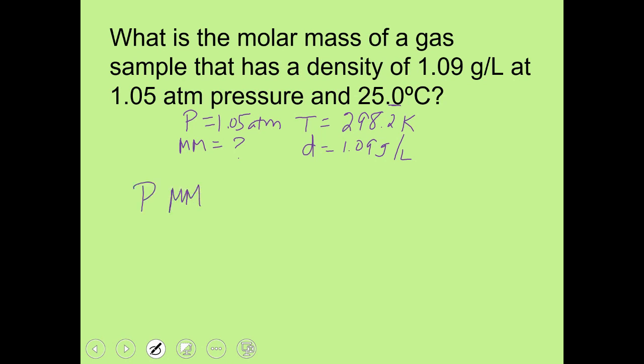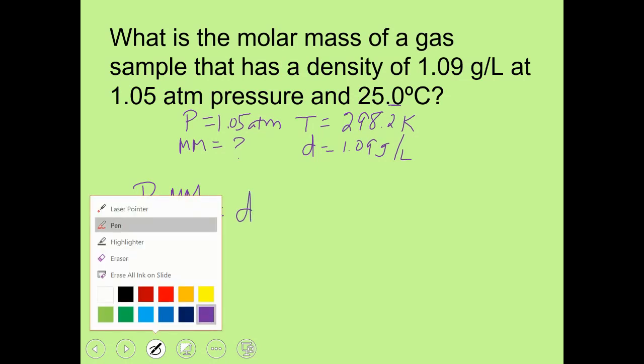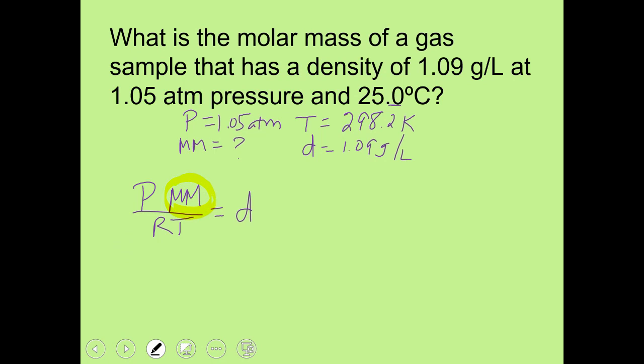So pressure times molar mass over RT equals density. If I'm trying to solve for the molar mass, I've got to get rid of everything else. So I'm going to multiply by RT and divide by P. You can see the pressure will divide out, RT divides out.